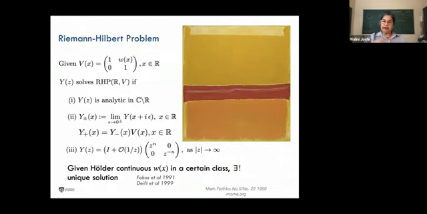And it turns out that the Riemann-Hilbert problem given by these three properties here, if you take the 2x2 matrix that is analytic in the complex plane minus the real line, and which has a jump condition given by V as the jump matrix, which relates what's in the upper half plane to what's in the lower half plane. And you have a certain asymptotic growth or decay in the solutions as z goes to infinity.